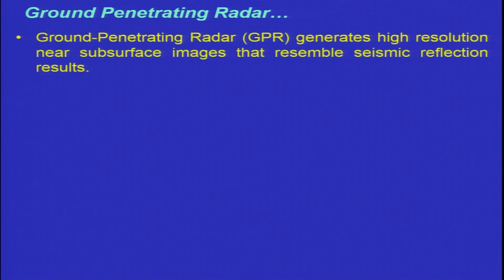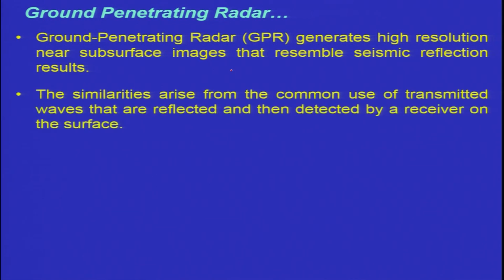Ground penetrating radar generates a high resolution near surface image that resembles seismic reflection results. The similarity arises from the common use of transmitted waves that are reflected and then detected by the receiver on the surface.